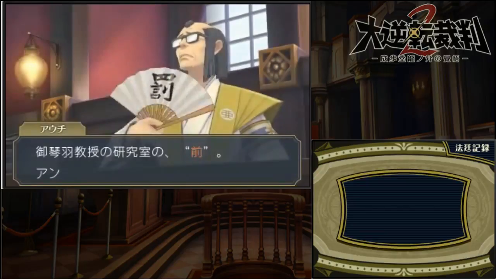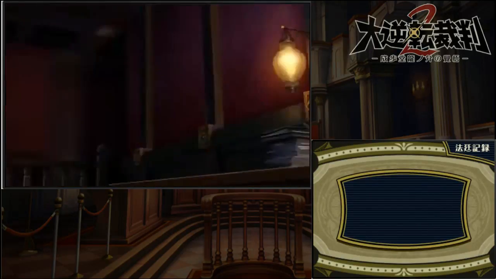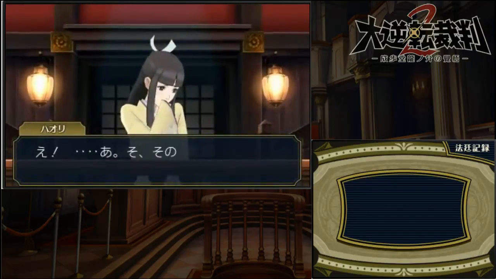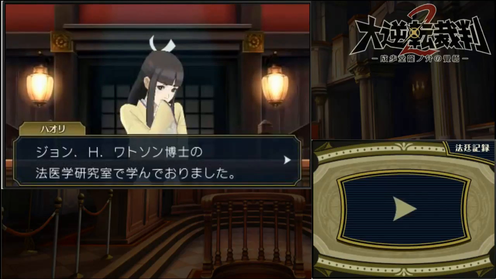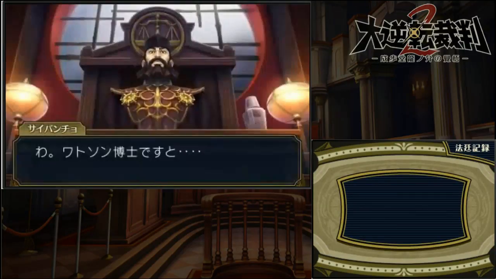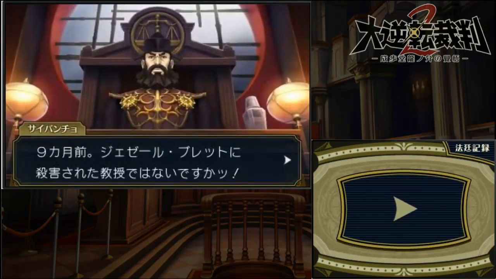Where did you do your research before you were in Professor Mikatoba's laboratory? Oh, that would be Professor John H. Watson's medical laboratory for studies. Professor Watson, you say? Is that not the name of the same professor who had been murdered by Giselle Bullet 9 months ago?